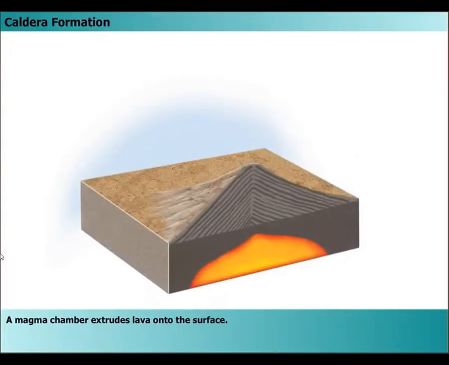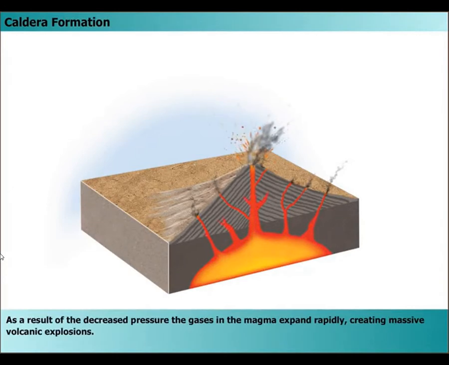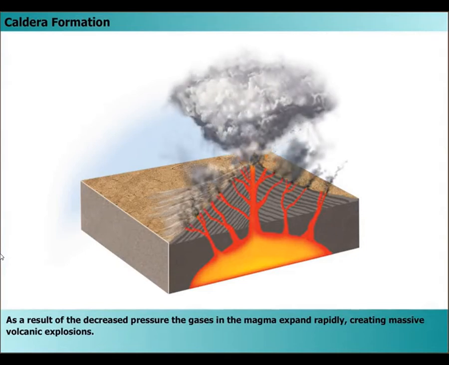A magma chamber extrudes lava onto the surface. As magma migrates up into the magma chamber from great depths, it encounters less pressure near the surface. As a result of the decreased pressure, the gases in the magma expand rapidly, creating massive volcanic explosions.